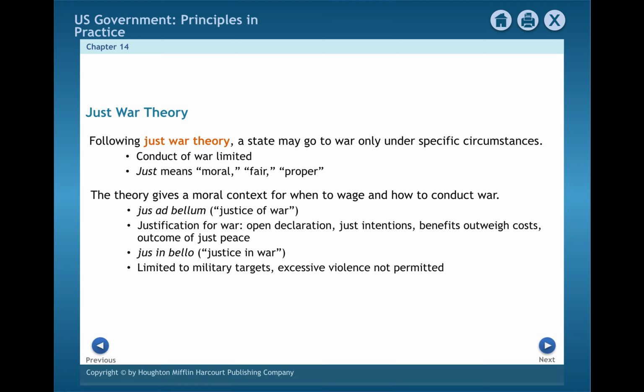So jus ad bellum is talking about things that must be considered before entering war, and jus in bello discusses what is right, what is just in the act of war, and this revolves around the conduct in war, right?